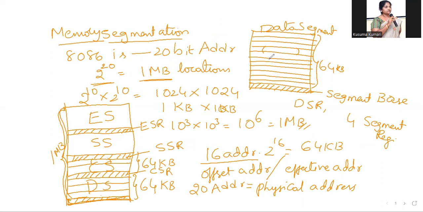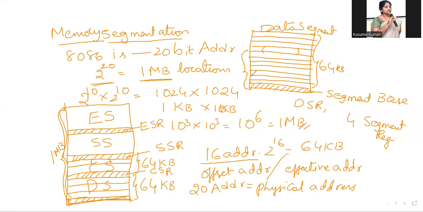This is one segment, and the starting memory location is the segment base. From the segment base to this particular memory location, what is the distance, how many memory locations are there?